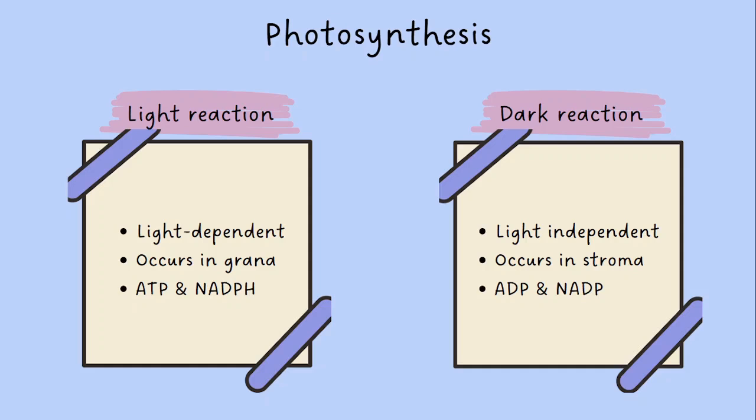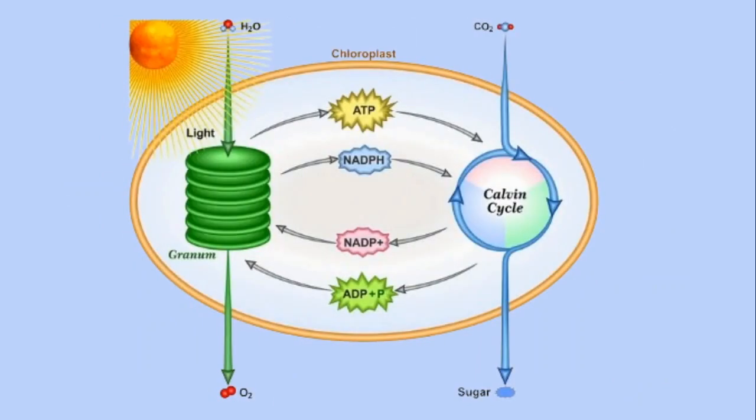That is ATP and NADPH, and the byproduct of dark reaction is ADP and NADP. So the light reaction uses the byproduct of dark reaction, and the dark reaction uses the byproduct of light reaction. That is how the cycle goes on and on. Okay, so let's see in detail.